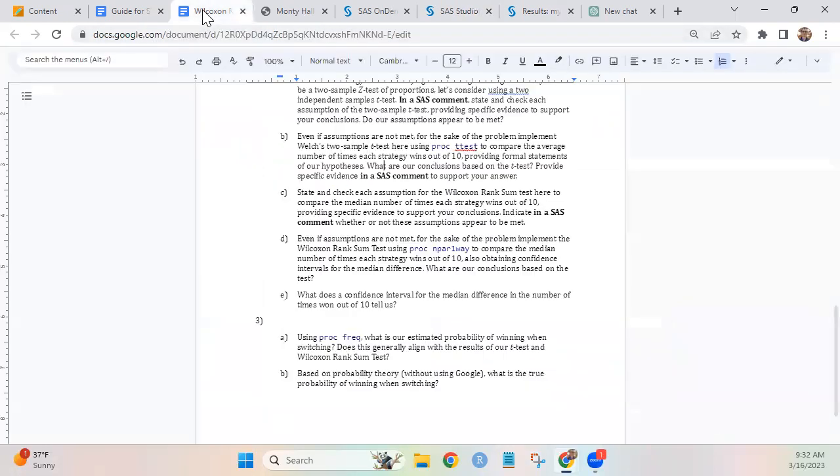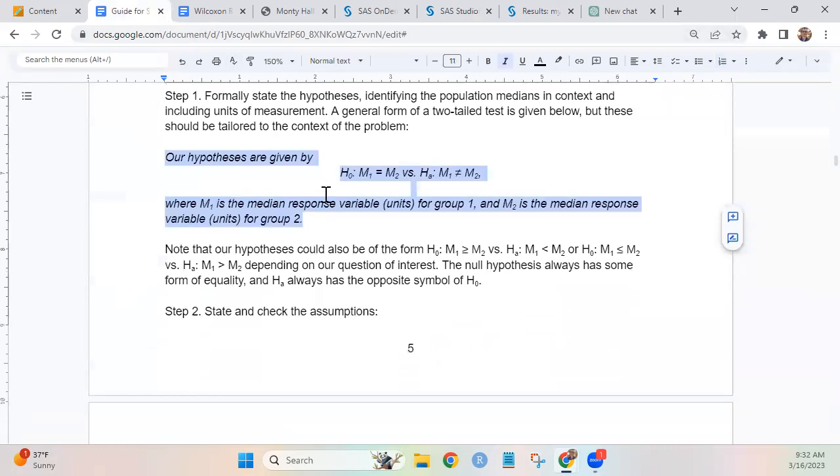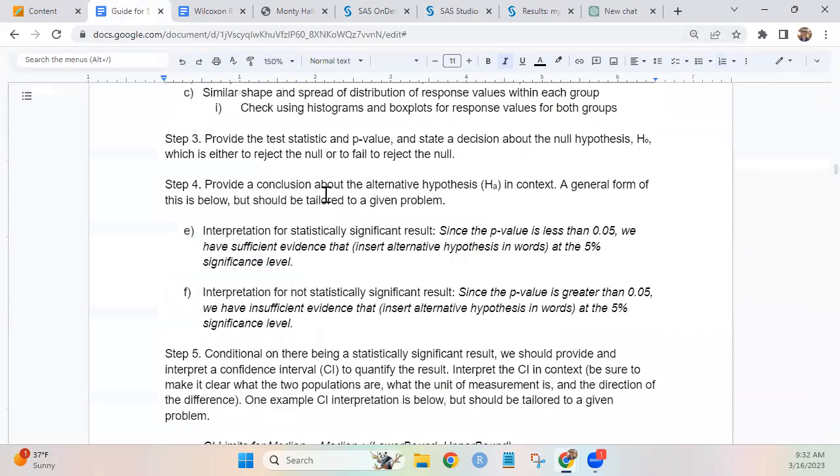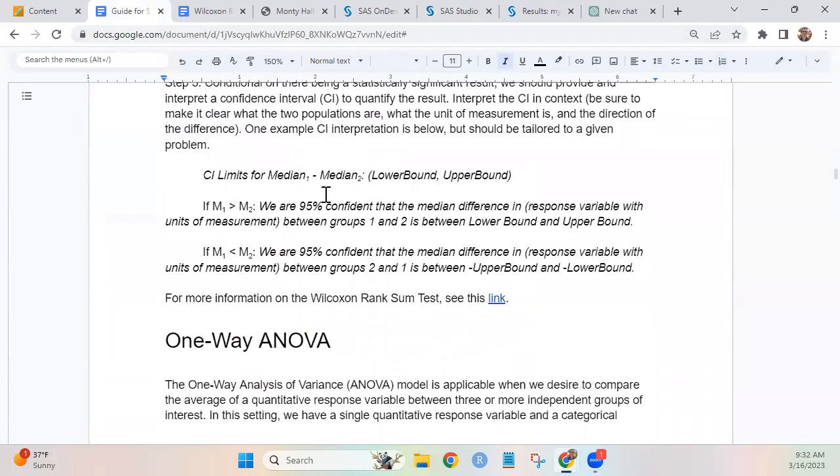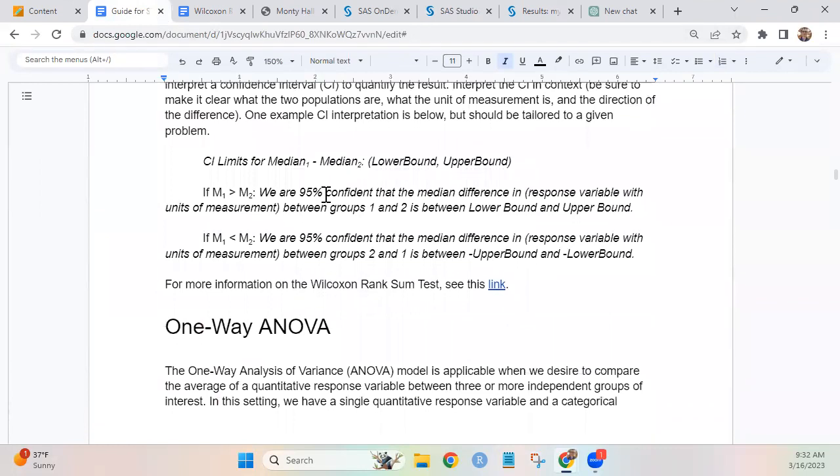So let's give a blueprint interpretation for the confidence interval in the guide document here. Let's copy that.